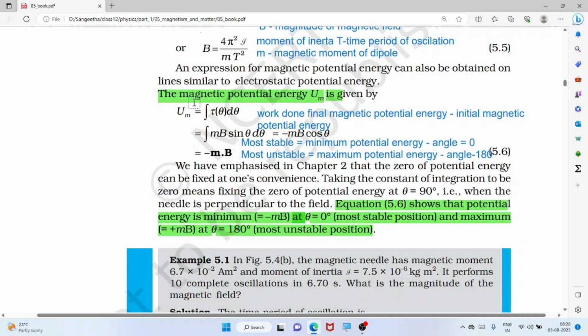So the work done in a magnetic field is the magnetic potential energy at the final point minus the magnetic potential energy at the initial point. Final minus initial.